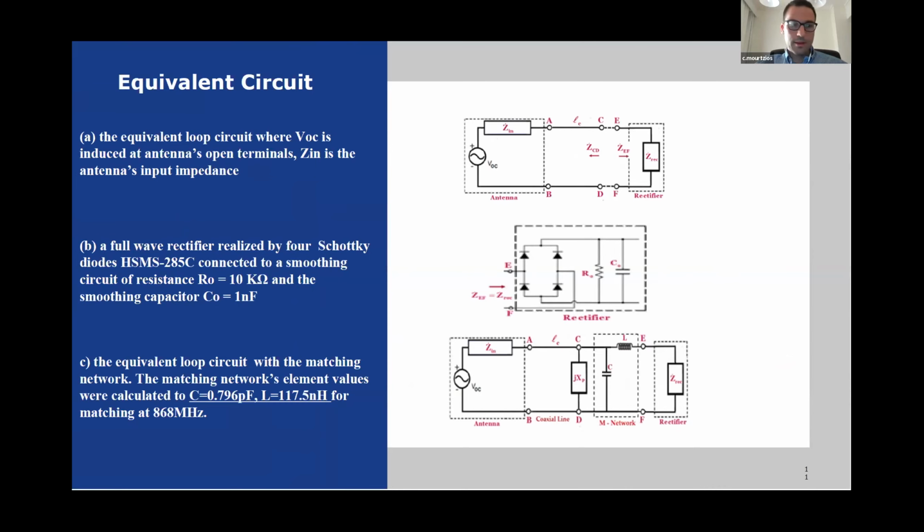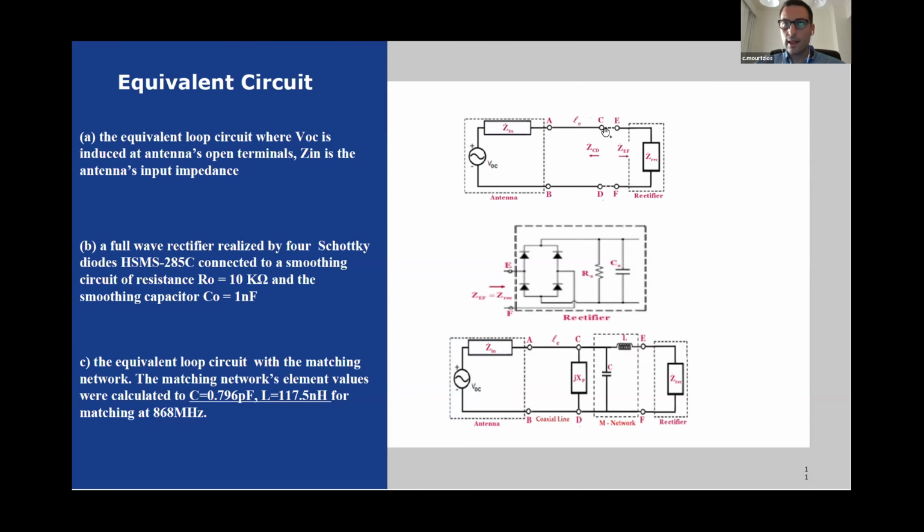Later, having defined the parametric values, we approached the whole structure via equivalent circuit analysis in order to calculate the power and the voltage at the rectifier. This is the equivalent loop circuit without the matching network. This is the antenna, which is equivalent to a voltage source when treated as a receiving element, and its input impedance.